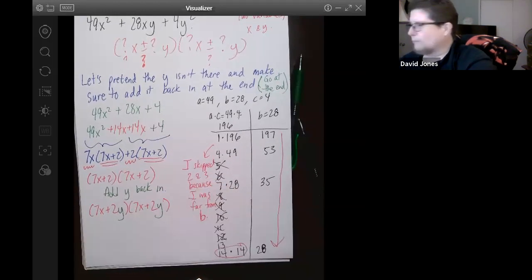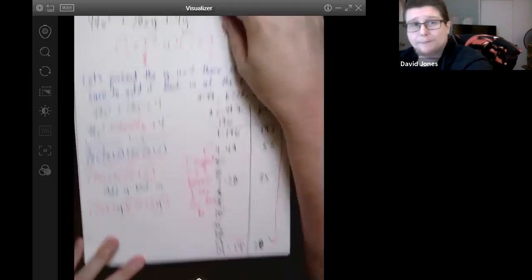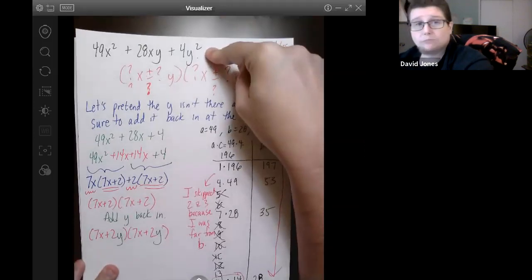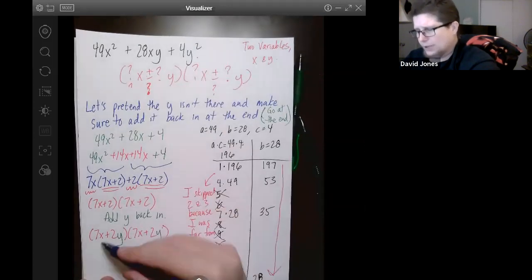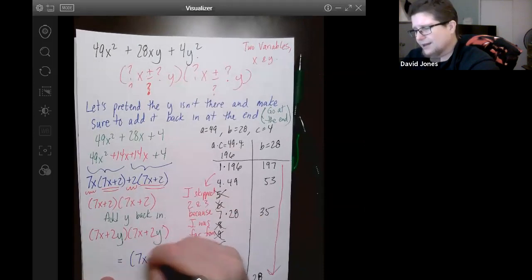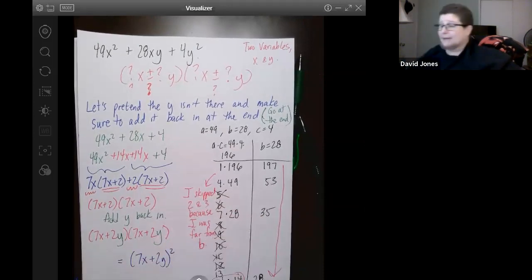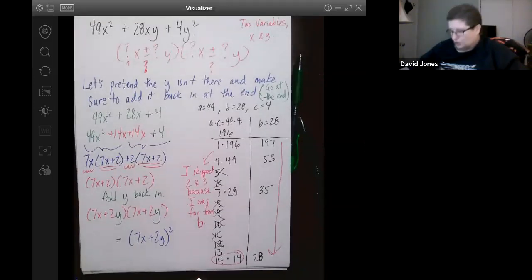I encourage you to multiply that back out and verify that it gets what we had on top: 49x squared plus 28xy plus 4y squared. I also want you to note that when these terms repeat, we can write this as 7x plus 2y squared. Whether MATLAB demands it or not to get credit on the homework assignment, I'm not sure.